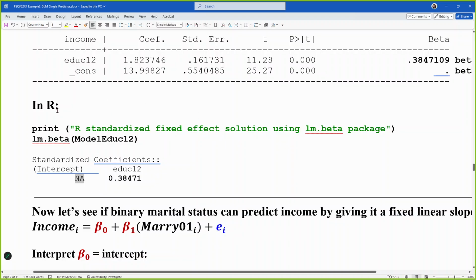So if I asked for the standardized solution for the not 12 version, I would get the exact same answer back. Which should be reassuring, right? Because you shouldn't be able to mess with your results by subtracting 12. You shouldn't have that kind of control. It's just a rescaling. And this is rescaling it further into a z-score metric where mean is 0 and standard deviation is 1.